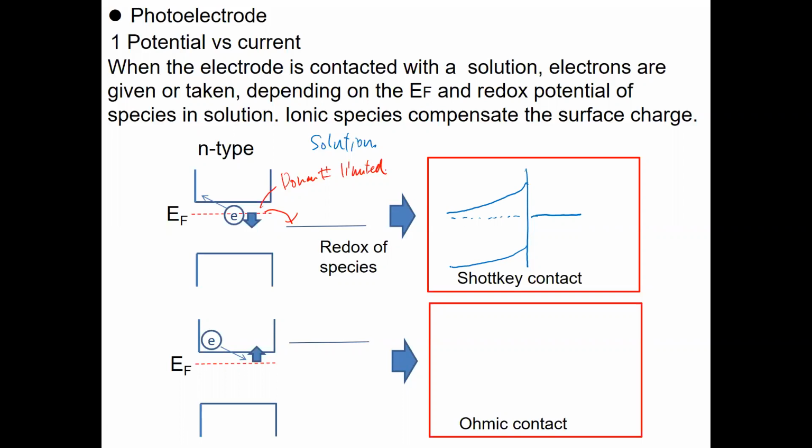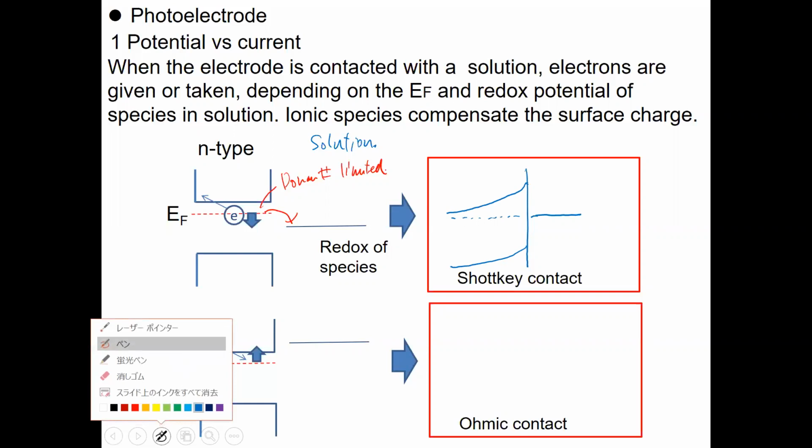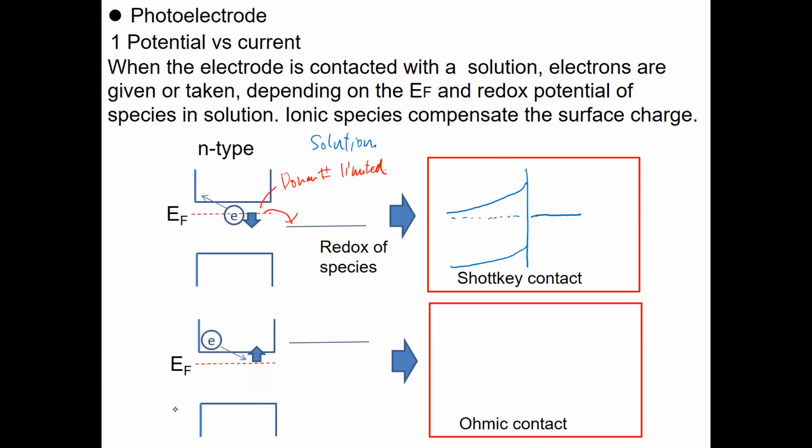And then I would like to emphasize that the electron is given to the solution side. So the n-type semiconductor surface becomes positive, since the electron is given, and positive lattice charges are left.